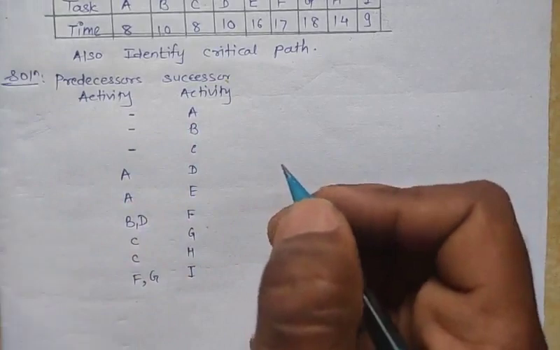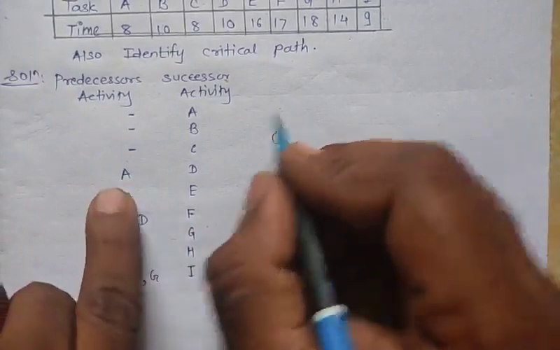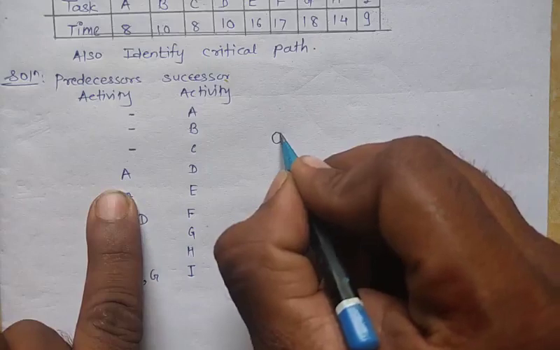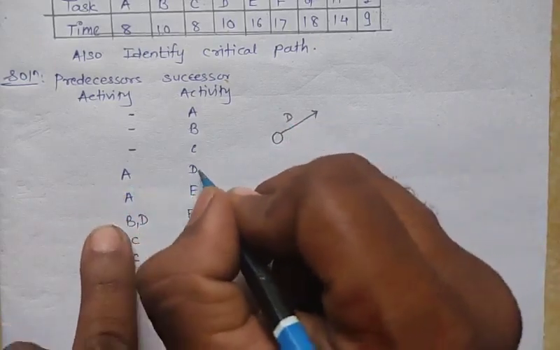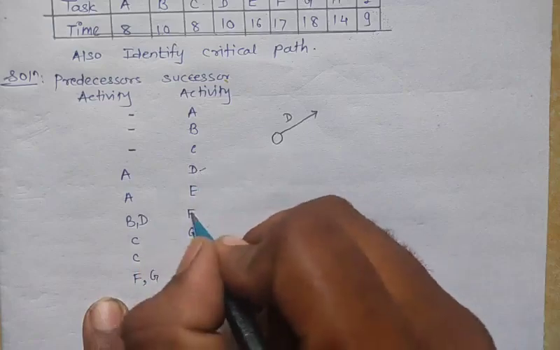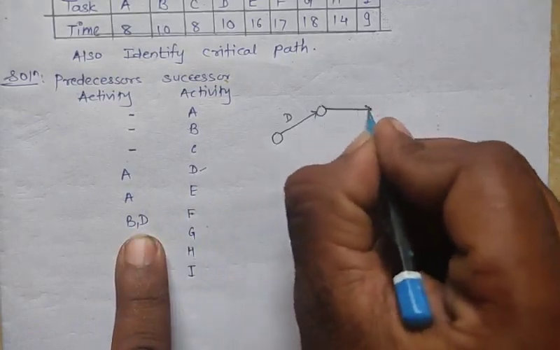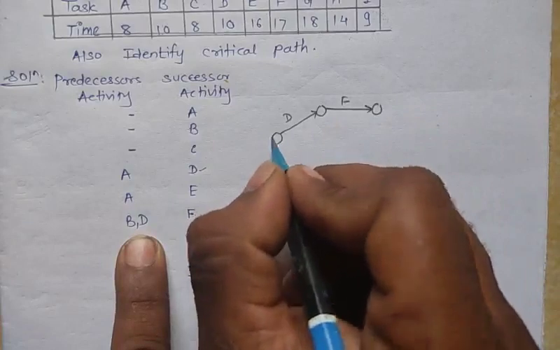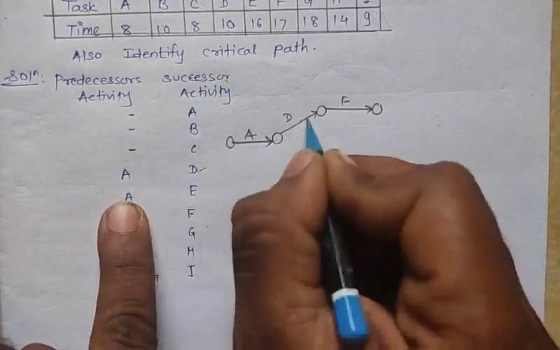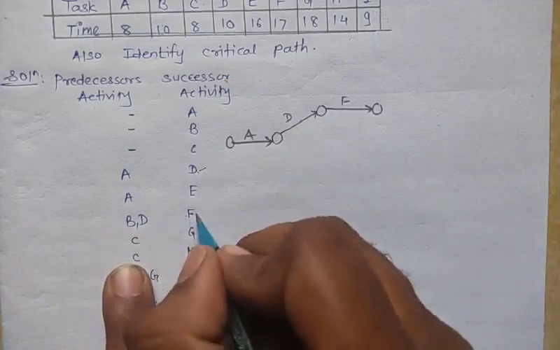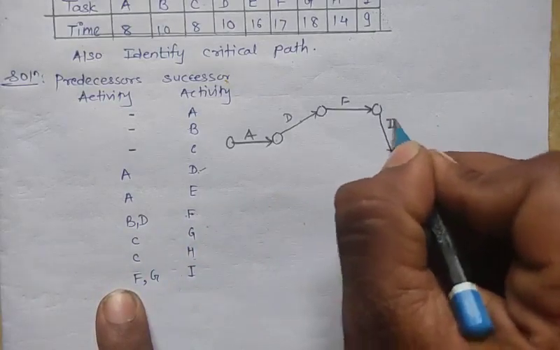Now first draw rough diagram. From this activity I start, so here A goes to D. Next make linkage, A goes to D and D goes to F, F goes to I. So this is activity A goes to D, D goes to F and F goes to I, so this is last activity.